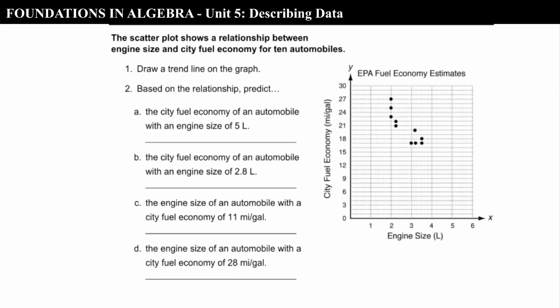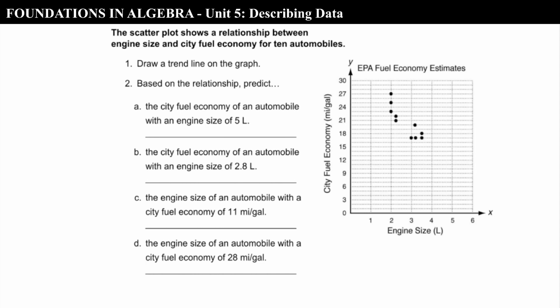The scatter plot shows a relationship between engine size and city fuel economy for 10 automobiles. The first thing we're going to do is draw a trend line on the graph. Here you're going to want to use a straight edge, such as a ruler. You're going to take just about as many points on one side as the other, and we are going to draw our trend line. So we've got about 1, 2, 3, 4 here, 1, 2, 3, 4 here.